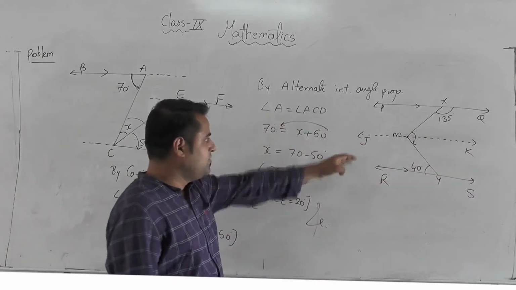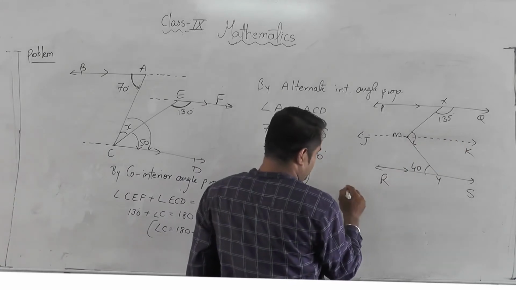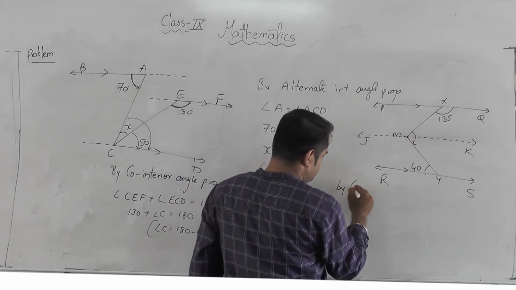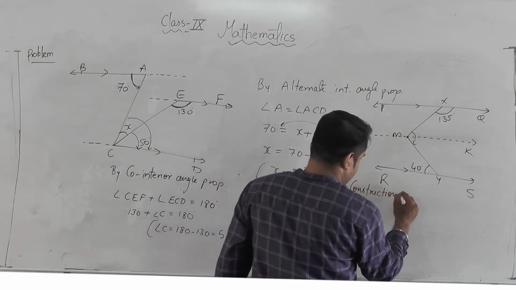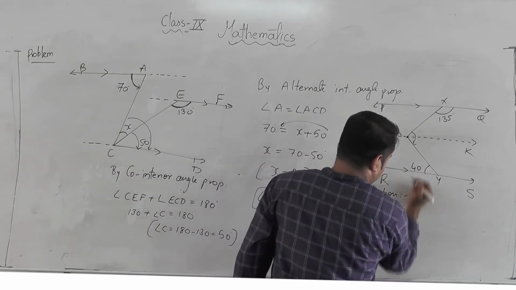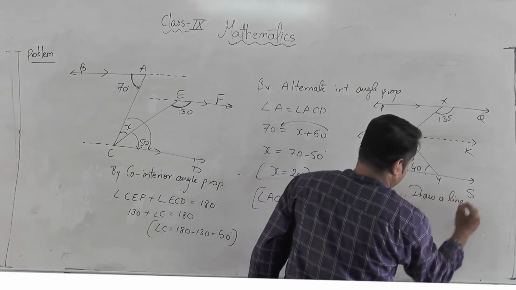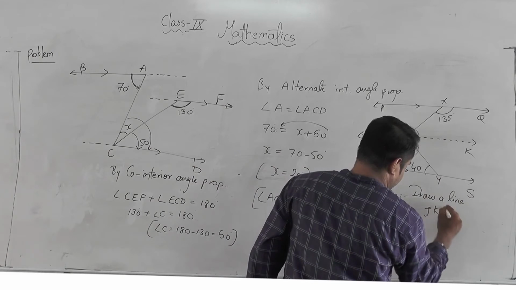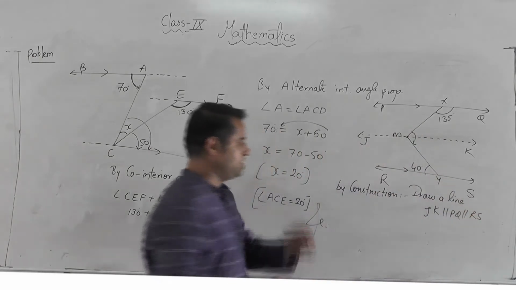JK is parallel to PQ as well. So by construction, we draw a line JK parallel to PQ and RS. All three are parallel to each other.